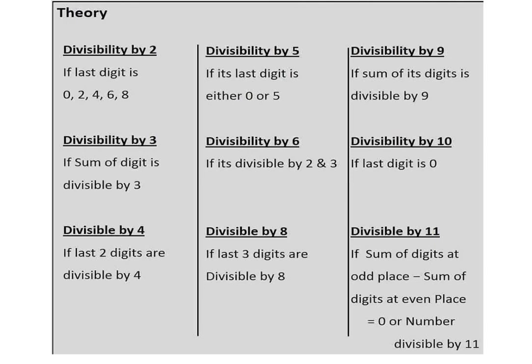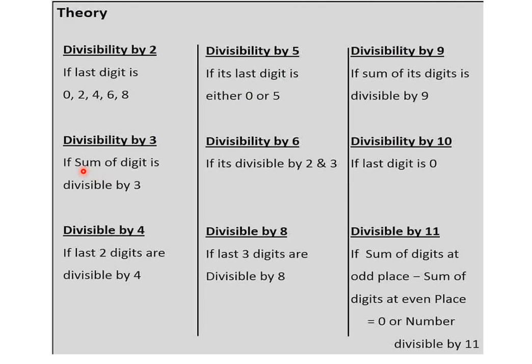What you had learned in your previous video was about the concept of divisibility tests by 2, 3, 4, 5, 6, 8, 9, 10 and 11. For 2, we need 0, 2, 4, 6 or 8 at the units place.